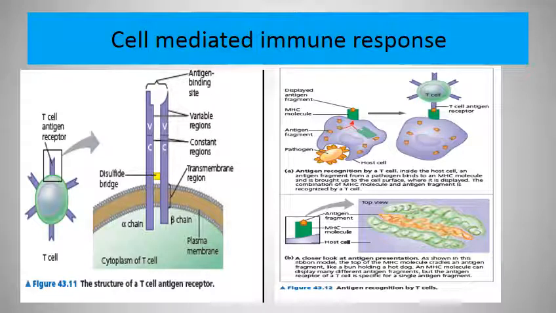So this MHC molecule with the antigen fragment is able to bind to the T cell. Okay, so here you have a view of this MHC molecule with the antigen fragment. So this shows how this antigen fragment is cradled by the MHC molecule.